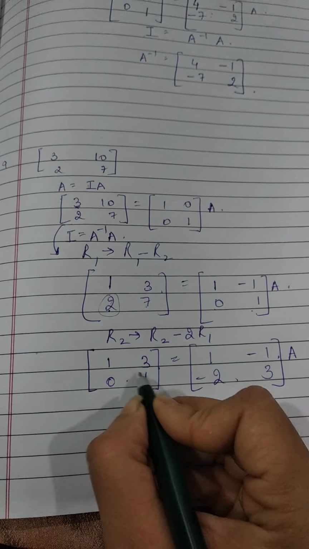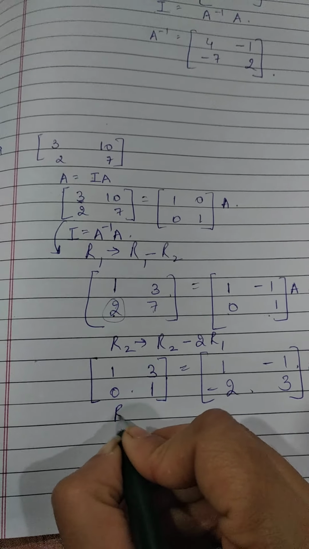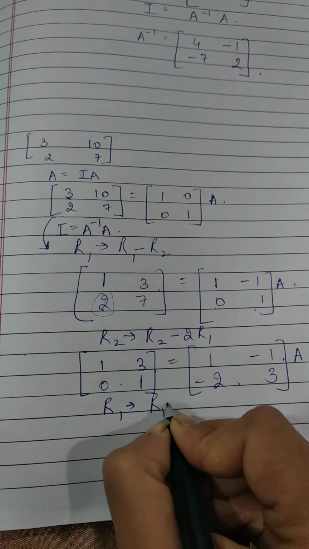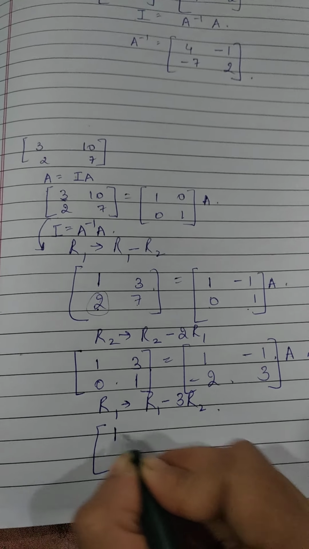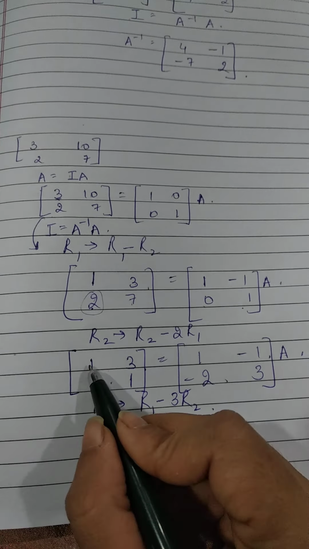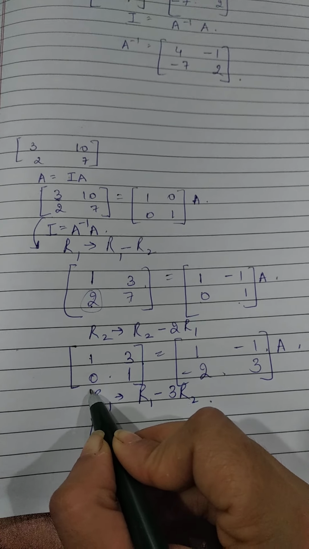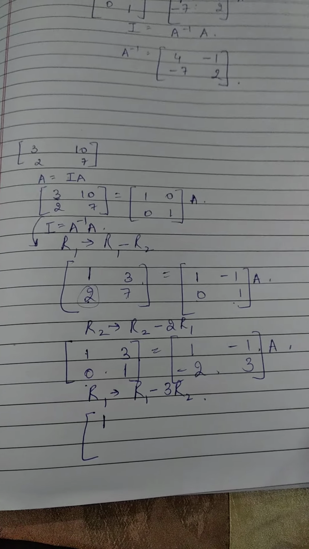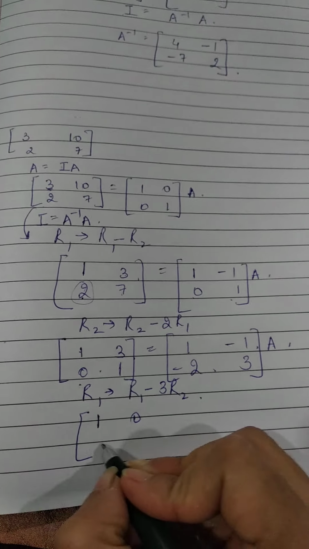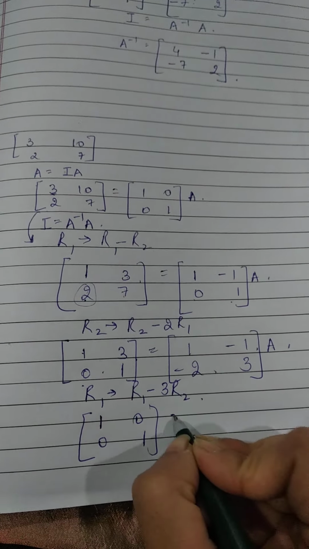Again, we have to make it 0. So simply R1 is R1 minus 3R2. So this is 1, because 1 minus 3 into 0 is 1. Then we have 3 minus 3 is 0. This is 0 and this is 1.